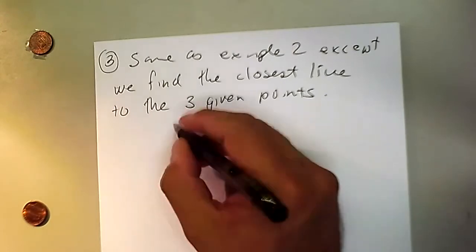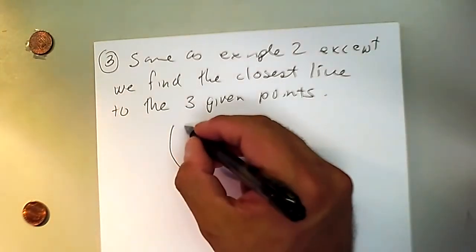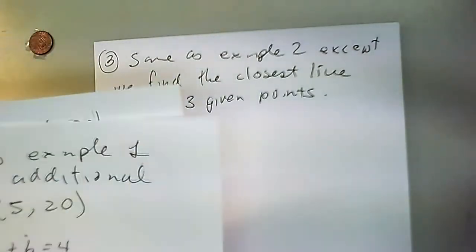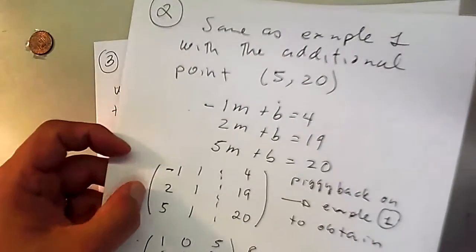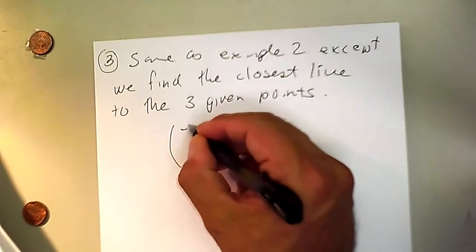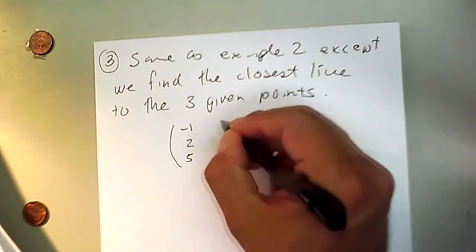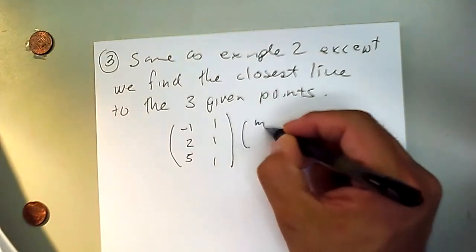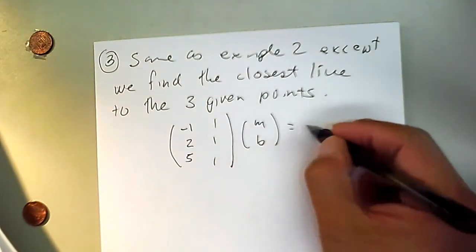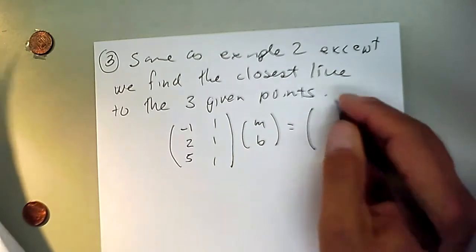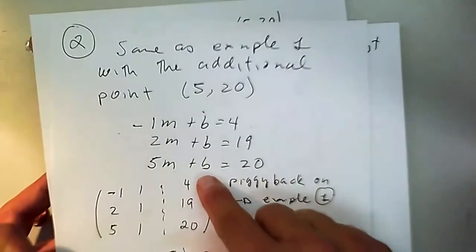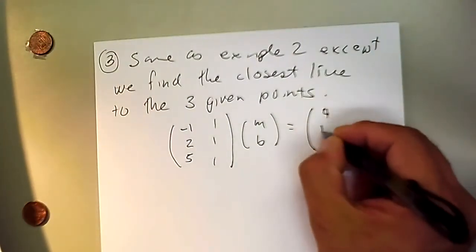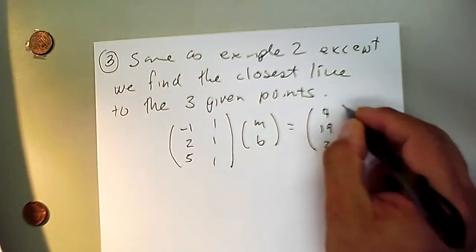So we have the equation. I'm not going to remember the numbers, so I better check what they are. Oh, yeah. Negative 1, 2, 5 as a column. Then 1, 1, 1, that's the B, times MB equals, and I forgot the outputs, 4, 19, and 20.